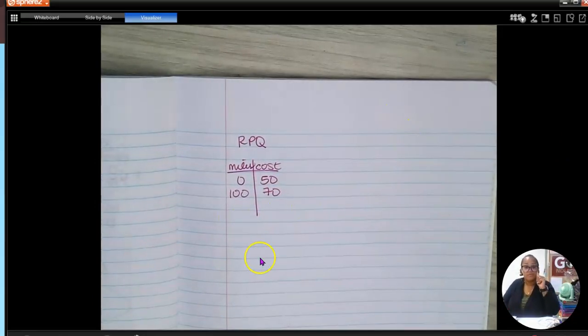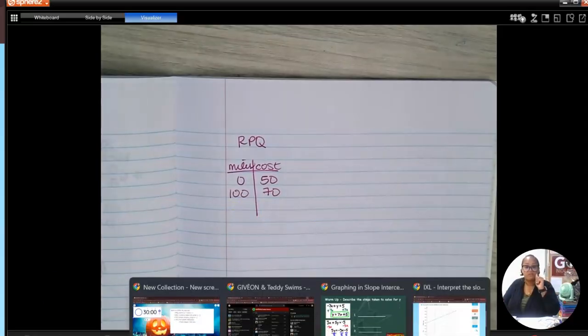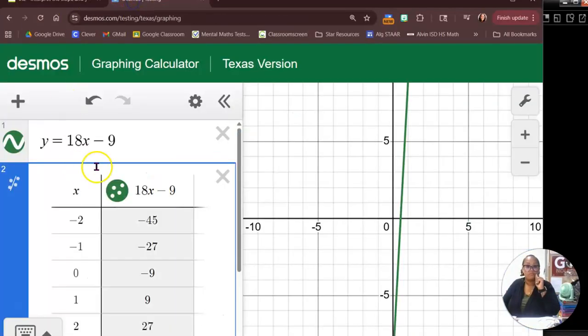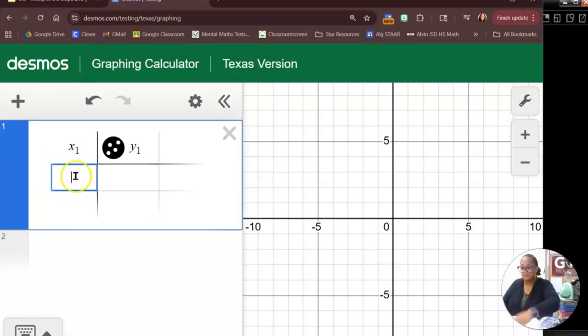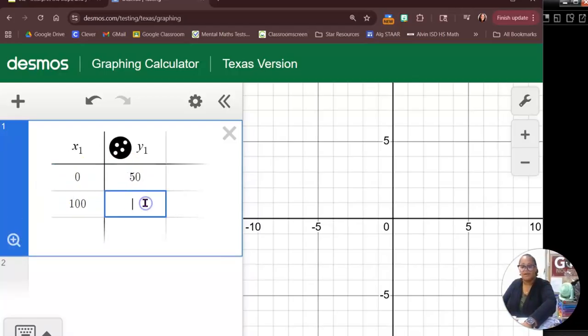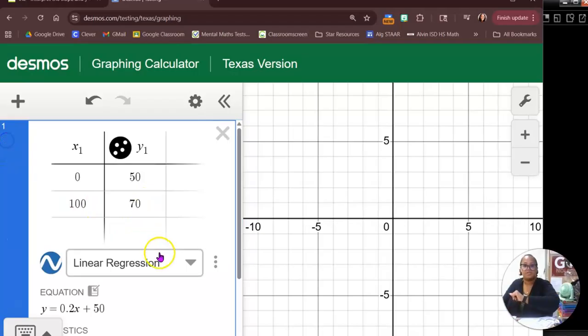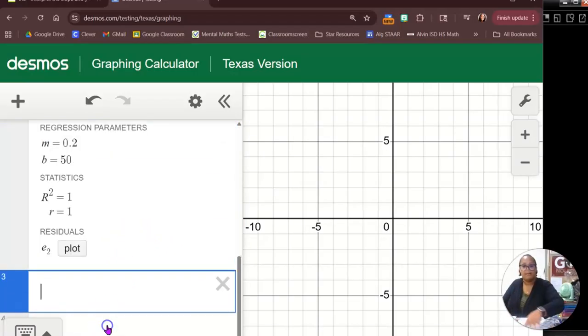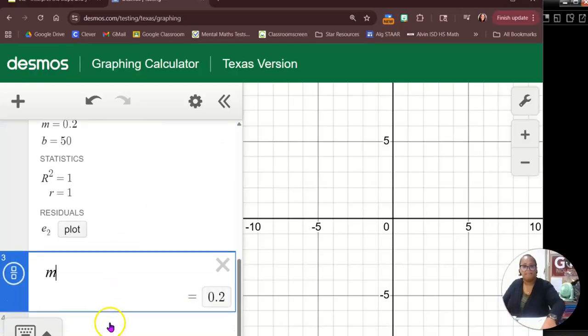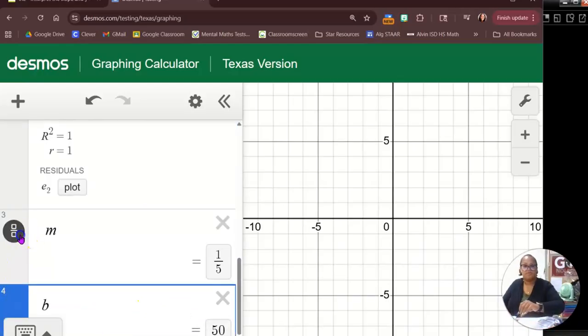Now I'm going to go to Desmos and write this as an equation. Notice I'm clearing everything out. 0 and 50. 100 and 70. Regression. M and B. Turn them into a fraction. So this is y equals 1/5 x plus 50.